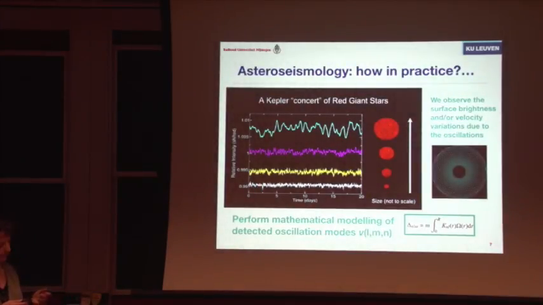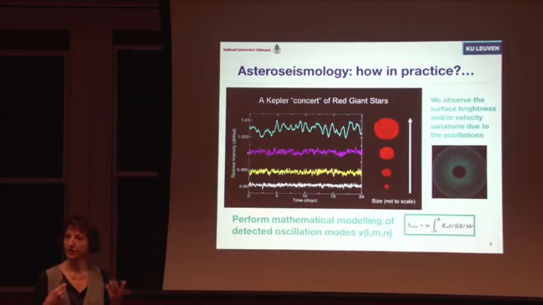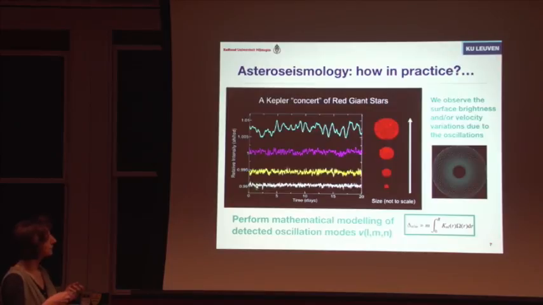So here is reality in a cartoon where 4 stars have been measured by the Kepler satellite. These are real data. And from this, you can see that the amplitude of the oscillations change according to the size of the star, and also the frequency.